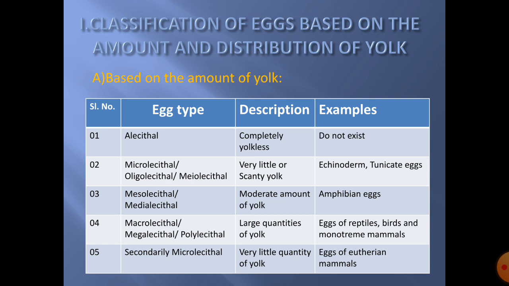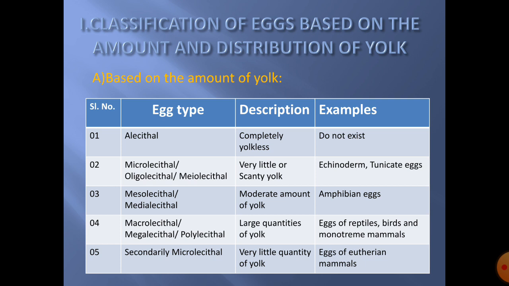Now we should know how the animal eggs are classified based on the amount of yolk. There are 5 types of eggs which have been classified based on the amount of yolk. First one is alecithal. A means no, lecithin means yolk. Here, yolk is completely absent and such an egg practically does not exist at all.